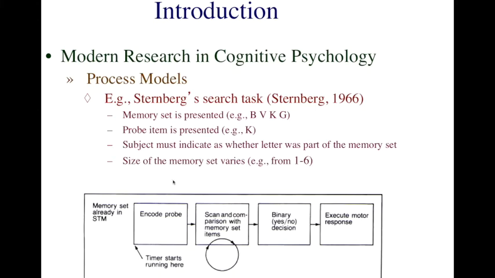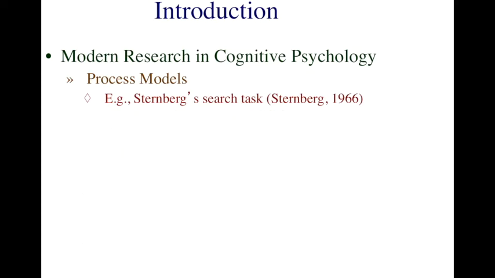And encoding the probe, you only have a single item anyway, so there's, again, no reason to expect the size of the memory set to affect that component. However, the scanning and comparison component, this part of the process, might take longer if you have more items that you have to compare. Sternberg looked at 3 different ways in which this scanning might occur.